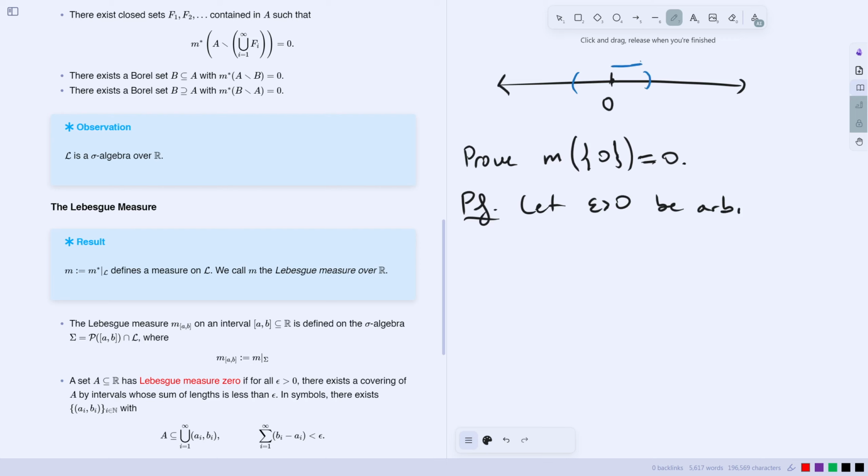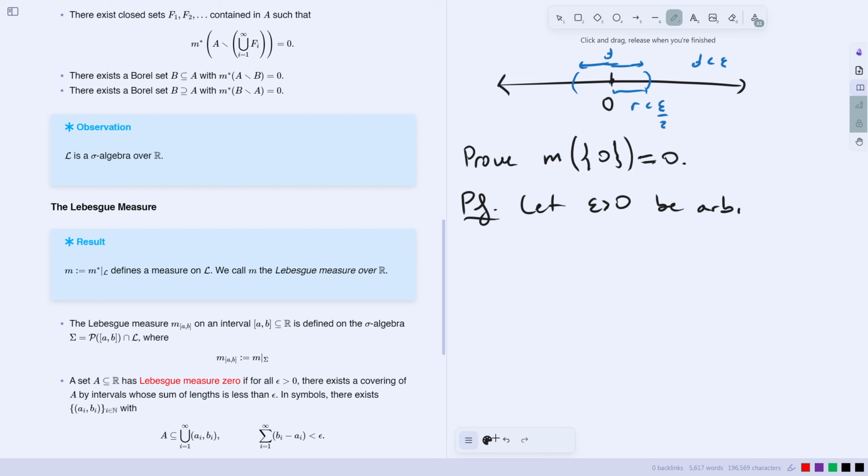All I need is the diameter d to be less than epsilon. Seems pretty straightforward to me. If we want it to be symmetric, we'll just say let r be less than epsilon over 2.